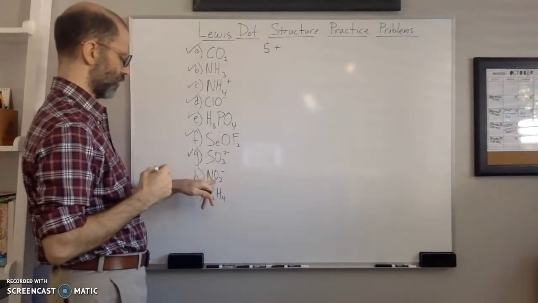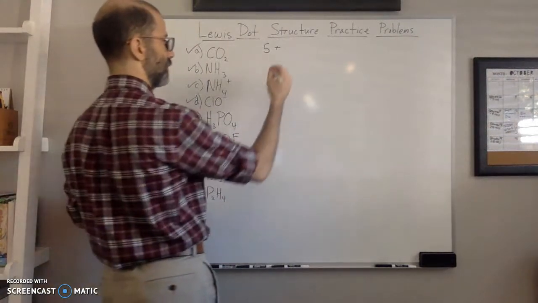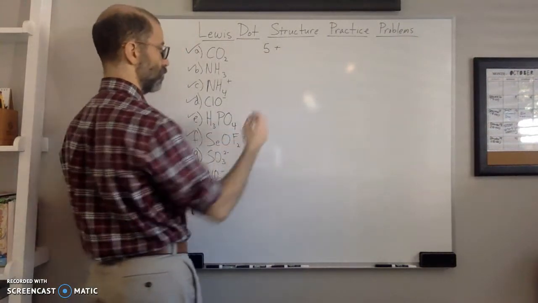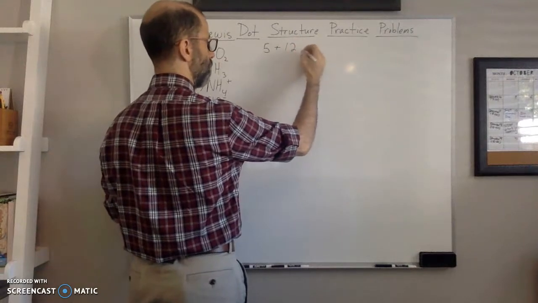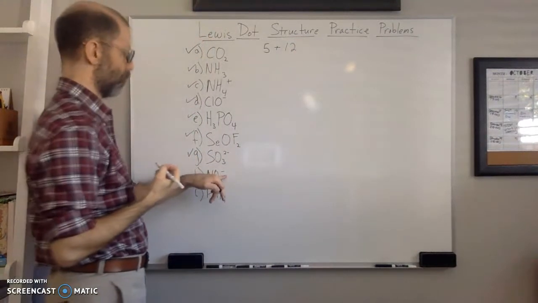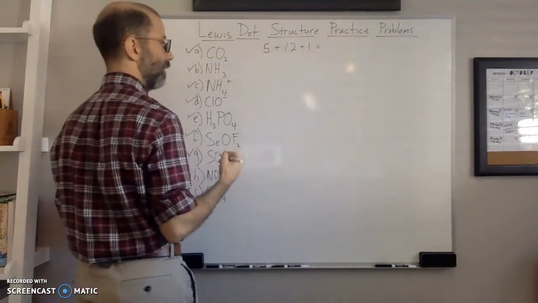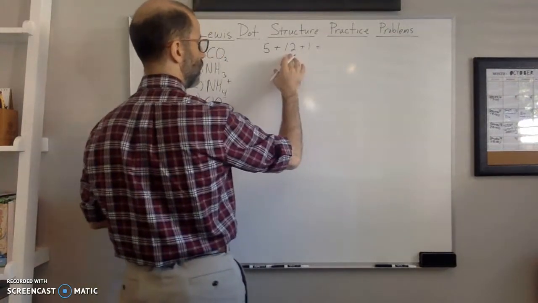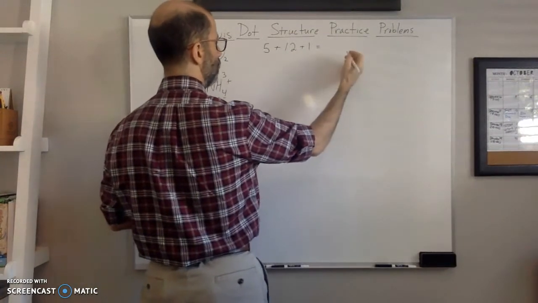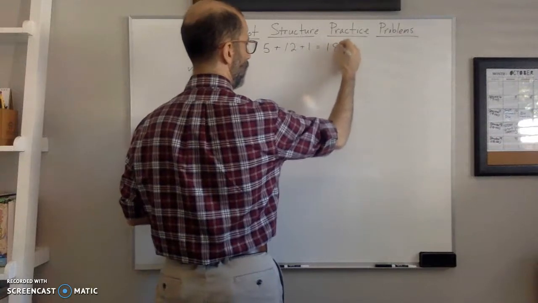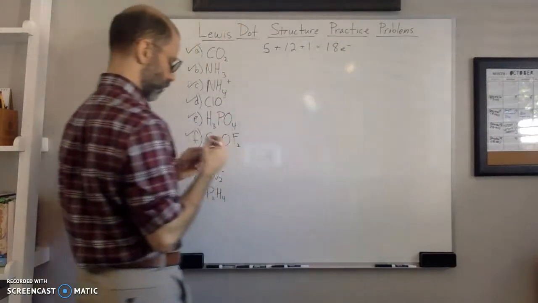We have 2 oxygens. Each oxygen is group 6. That's 6 valence electrons. Times 2 gives us 12. And then we have 1 negative charge. So we're going to add 1 to that. And that 12 plus 1 plus 5 gives us 18 total electrons.